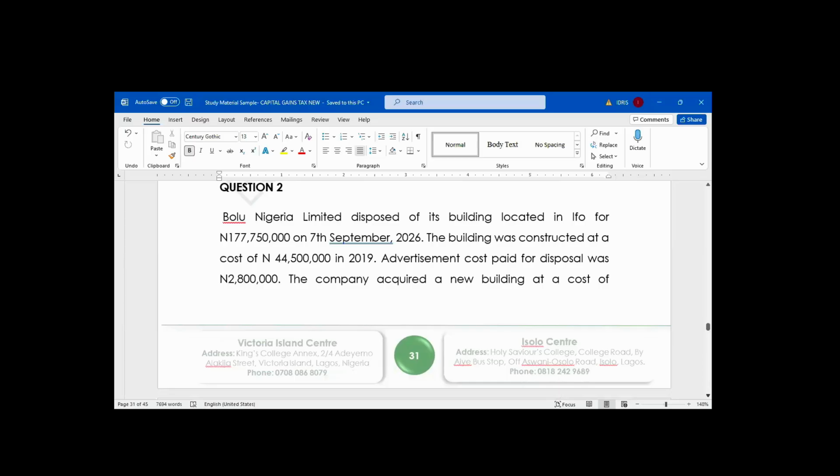Bolu Nigeria Limited. Somebody should help us read. Sorry, I think I missed some part of the class. Are we meeting on Sunday? What time? By 9 p.m., because I always lecture in our VI center.